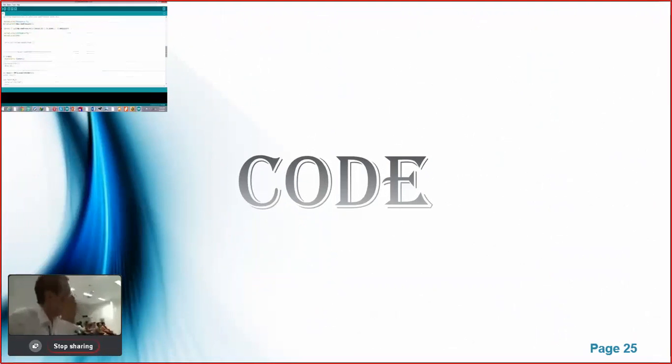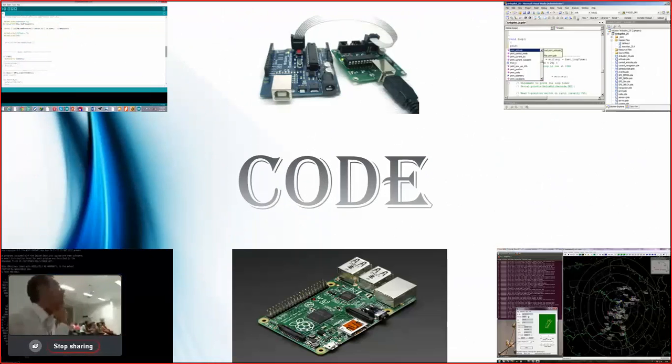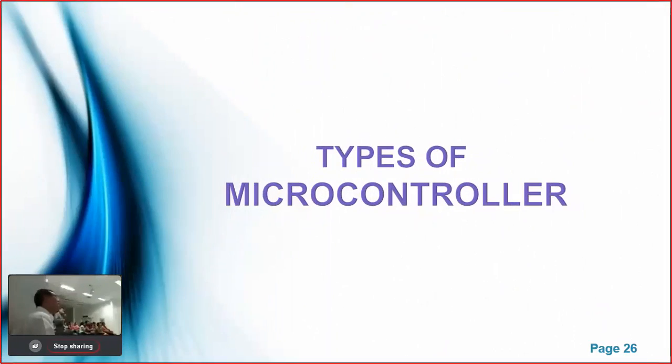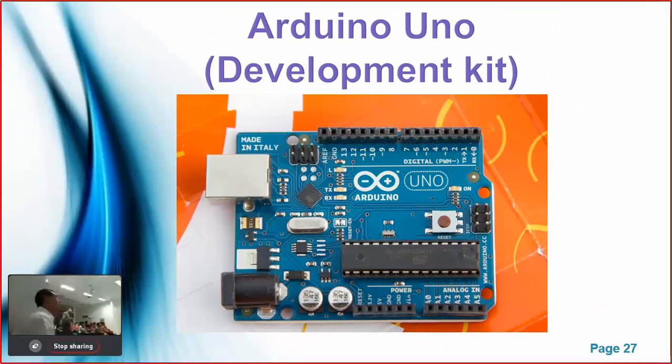Let's talk about the controlling code, which is the firmware. We have many types of microcontrollers that we can use. We have Arduino Uno, which is not a microcontroller but an AVR development kit.